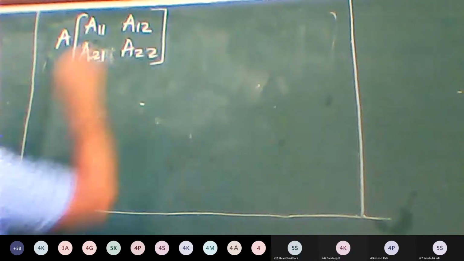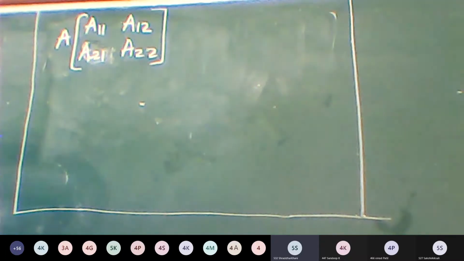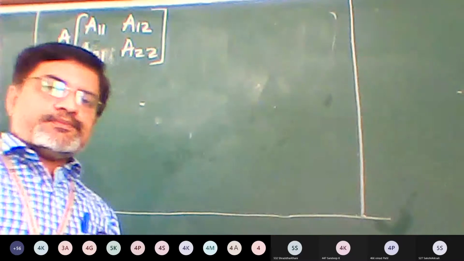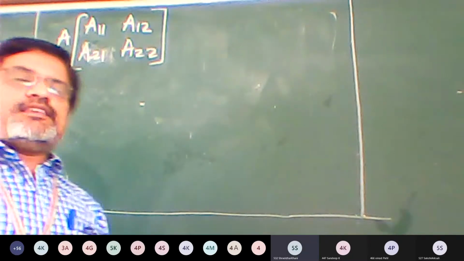What type of matrix is this? 2 into 2 order. So what can we call a 2 into 2 order matrix? Square matrix. Yes, very good. We can call it a square matrix.